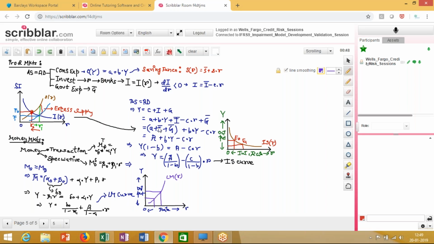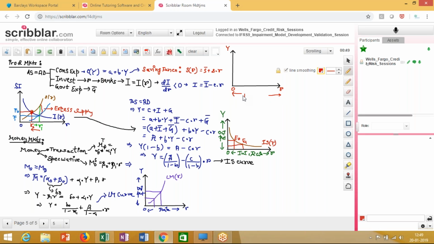So over here, if we have a look into the graphical framework, right?